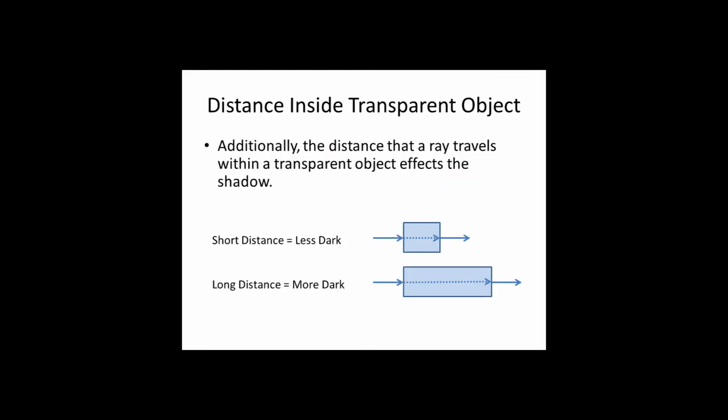Another thing to keep in mind when doing shadows of transparent objects is the longer you're inside of a transparent object, the less light is capable of leaving that object. So I made the intensity of the light that traverses through the object decrease with distance. That's pretty simple.